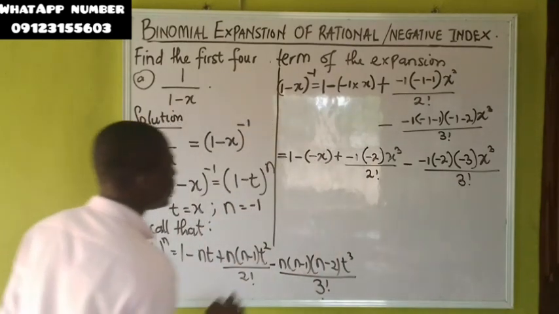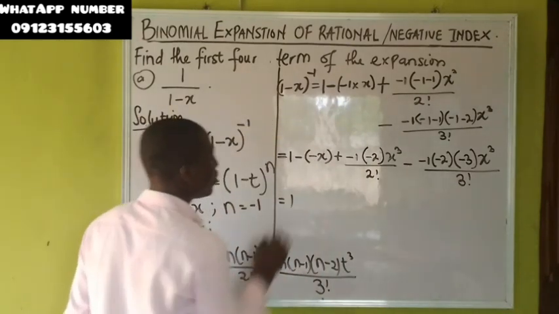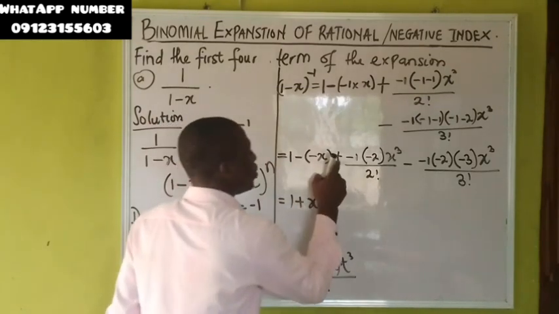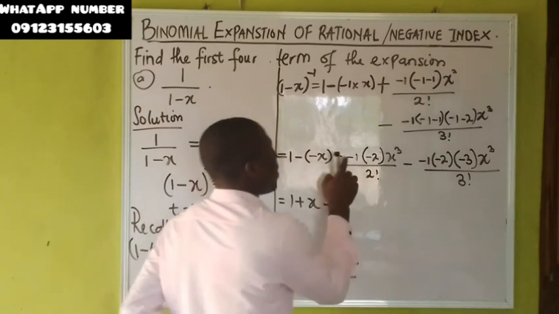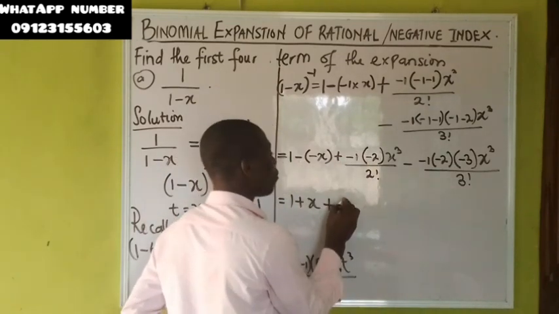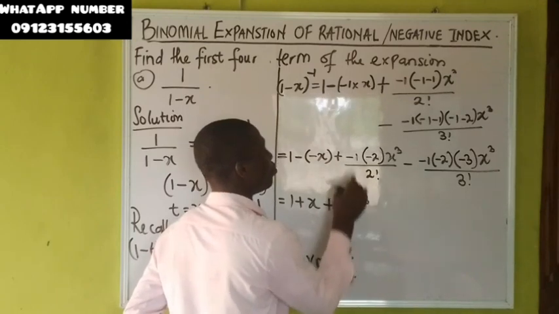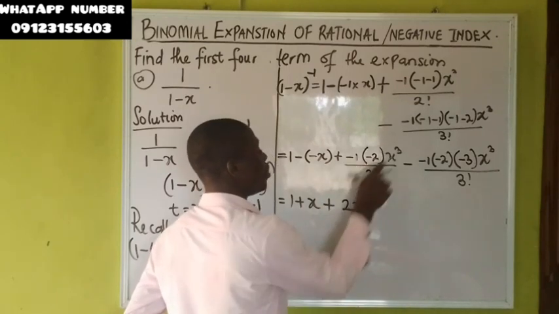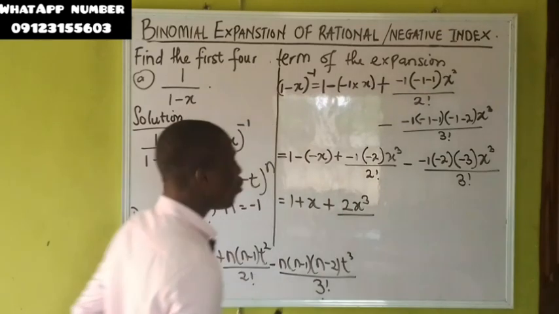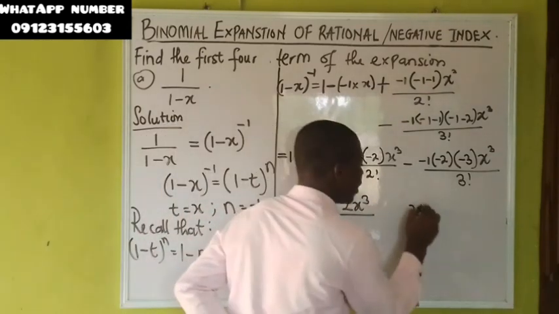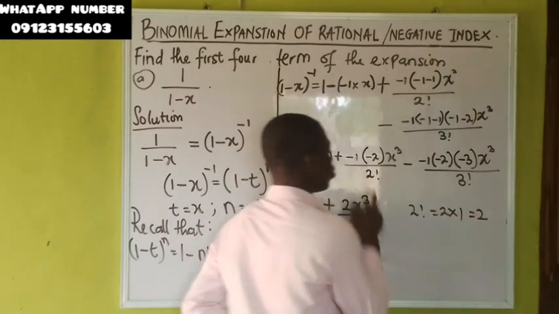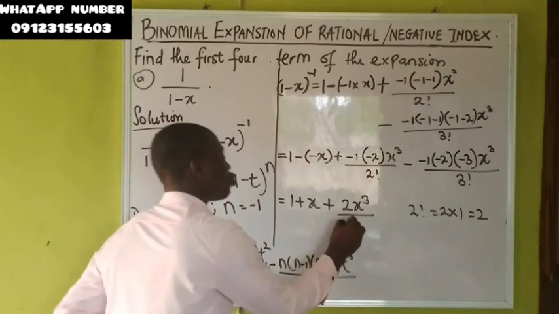Next up, if I proceed, I'll have 1 minus multiply minus, I have plus x. This is the positive sign. Minus 1 times minus 2 becomes plus 2, that becomes 2x squared over 2 factorial. But we just said 2 factorial is 2 times 1, that becomes 2.